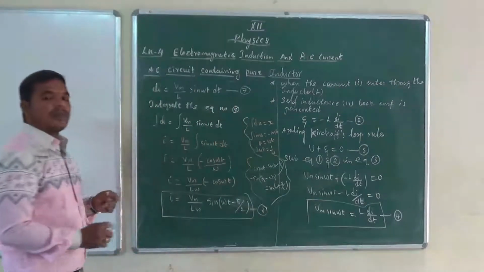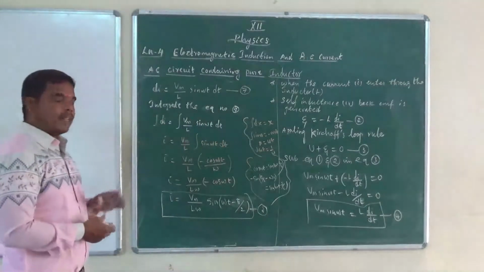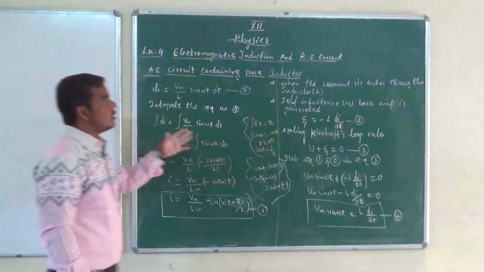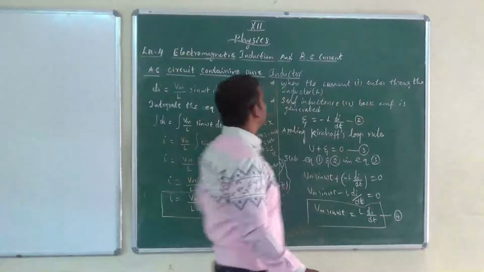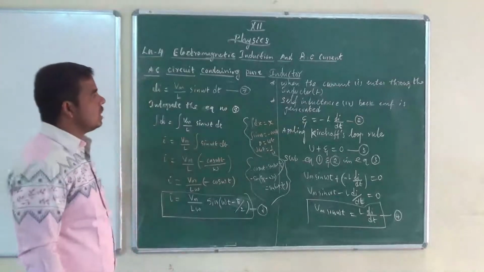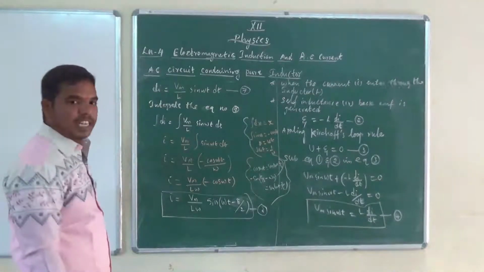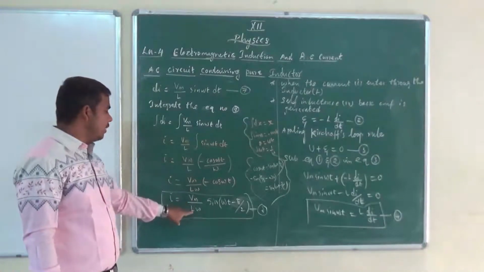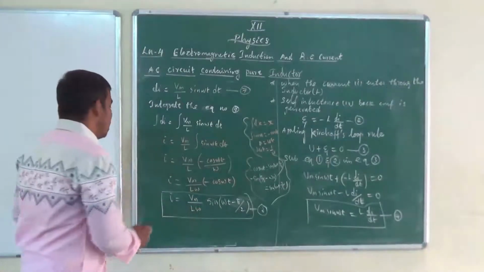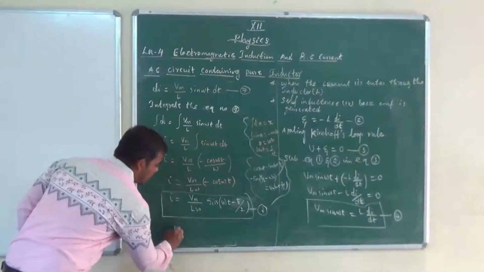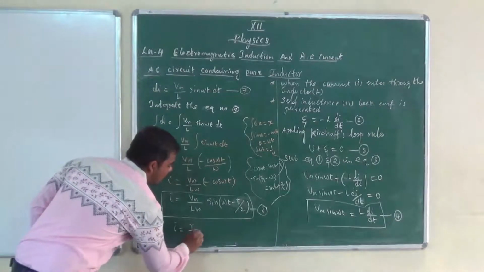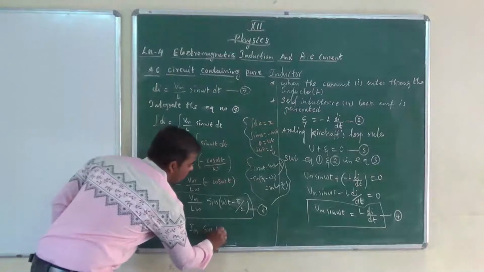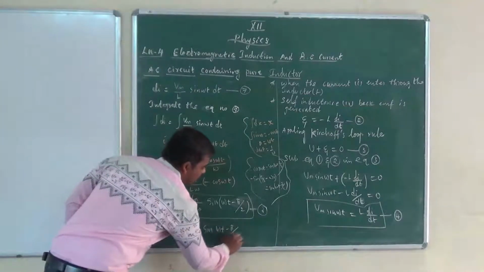Equation number 8 indicates that when the alternating current enters into the inductor, self-induced EMF or back EMF is generated. The current is represented by I equals Vm divided by L omega, and the maximum current equation is I equals Im sin omega t minus pi by 2.